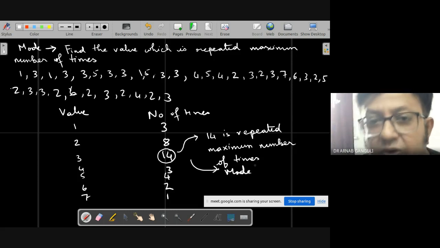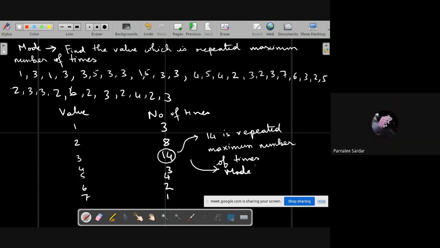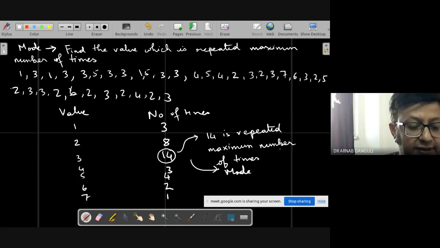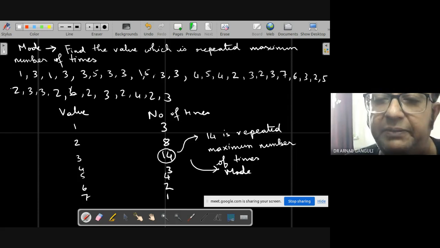Clear? Mean, median, mode. Then on the next day we will go into much more difficult parts of mean, median, mode.